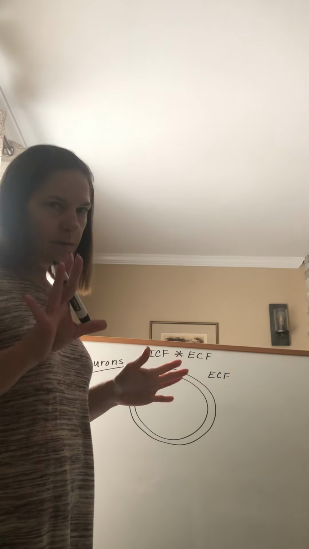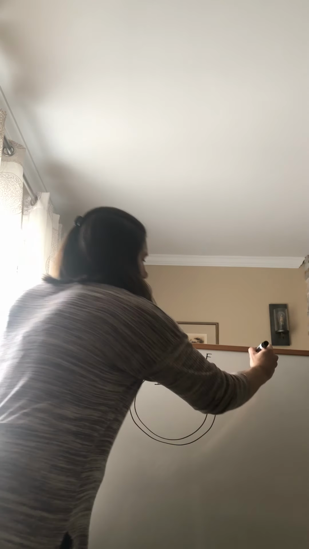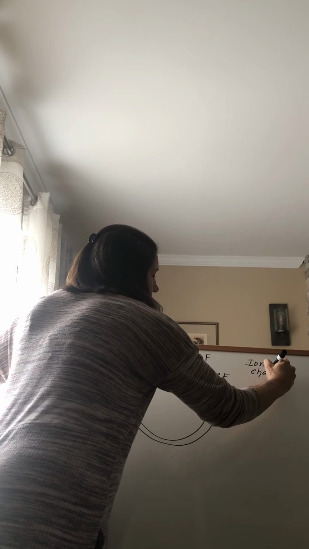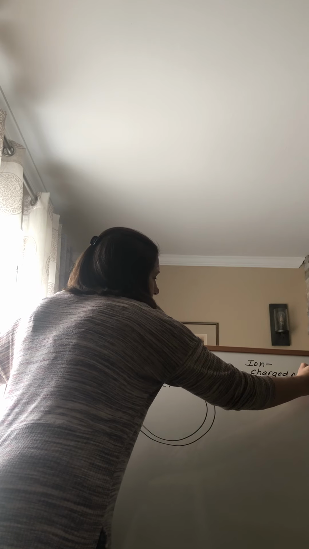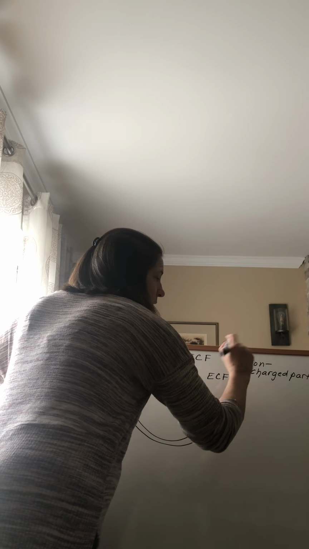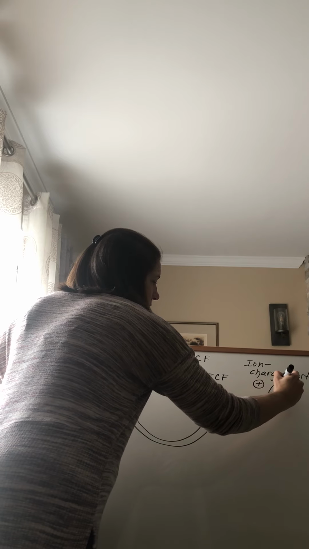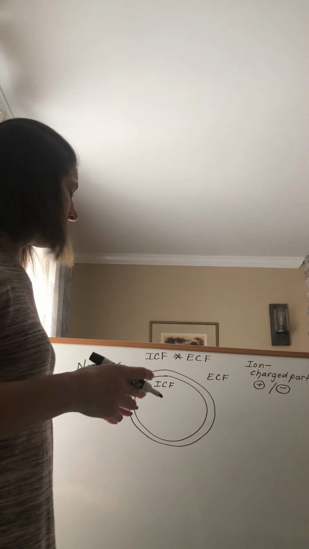So way back in A&P 1 when you discussed ions, right? Remember, an ion is a charged particle. We only have two choices for charge. It's either a positive charge or it's a negative charge. If there's no charge, it's simply neutral, okay?